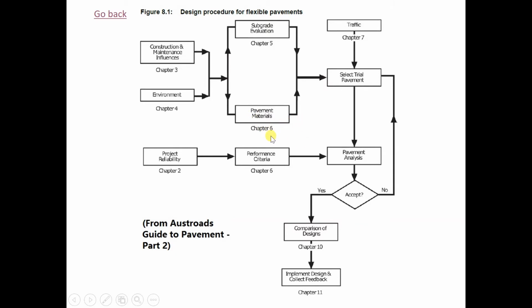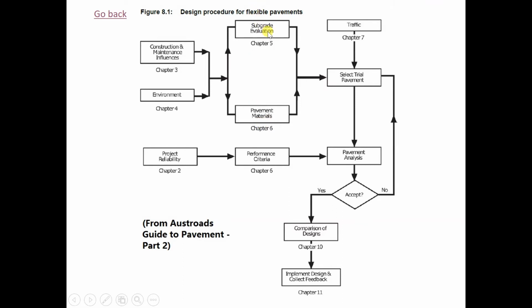Previously, in the empirical approach, the strength was CBR, but here we need the strength of the material in the form of megapascals, MPa. It's the same as the strength of concrete, steel, or timber. So it's in the same category as the structural approach.